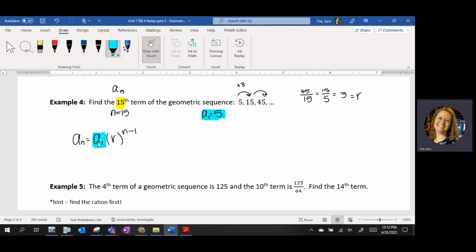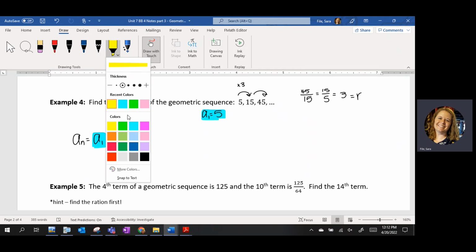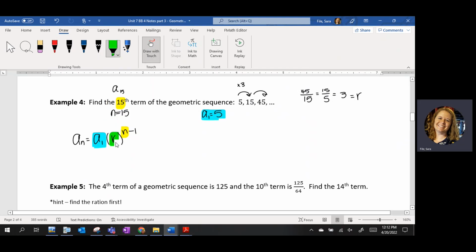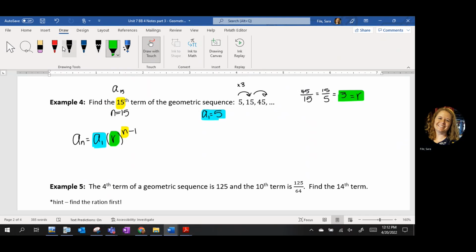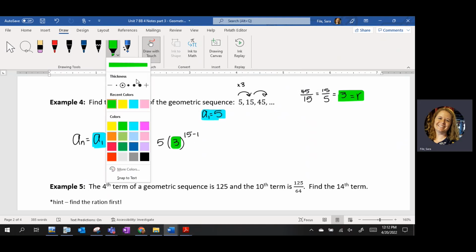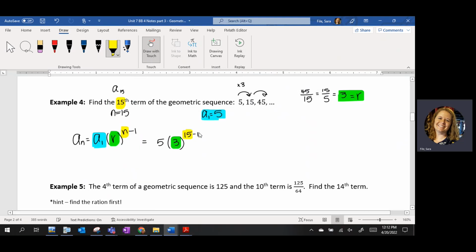Okay, so a sub 1 is going to get plugged in there. We said n will go here as 15. And then that r we just found to be 3. So I'm going to input all those values. 5 times 3, and that ends up being the 15th power, or excuse me, the 14th power, since it's 15 minus 1.